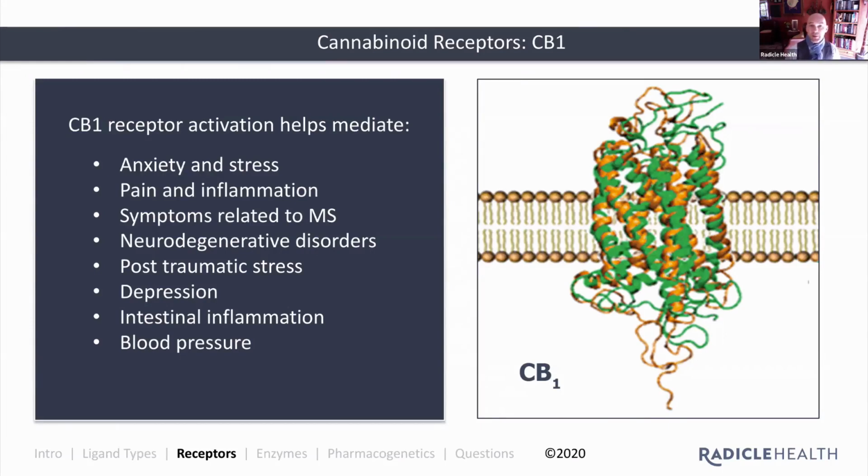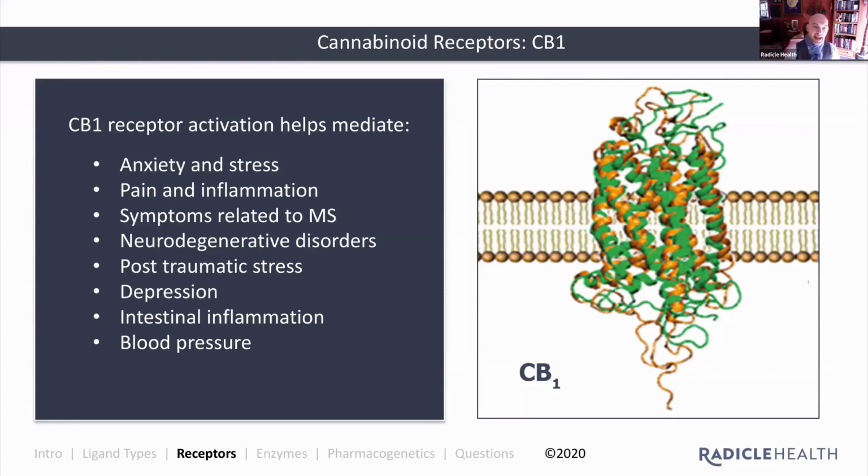The THC metabolite, we'll talk a little bit more about metabolites later, 11-hydroxy-THC, interacts more efficiently at CB1 than THC does. And even though these CB1 receptors are very widespread, there are very few of them in the brainstem, and there are very few of them in the cardiorespiratory center. And that's why we don't have a lethal dose of cannabis.